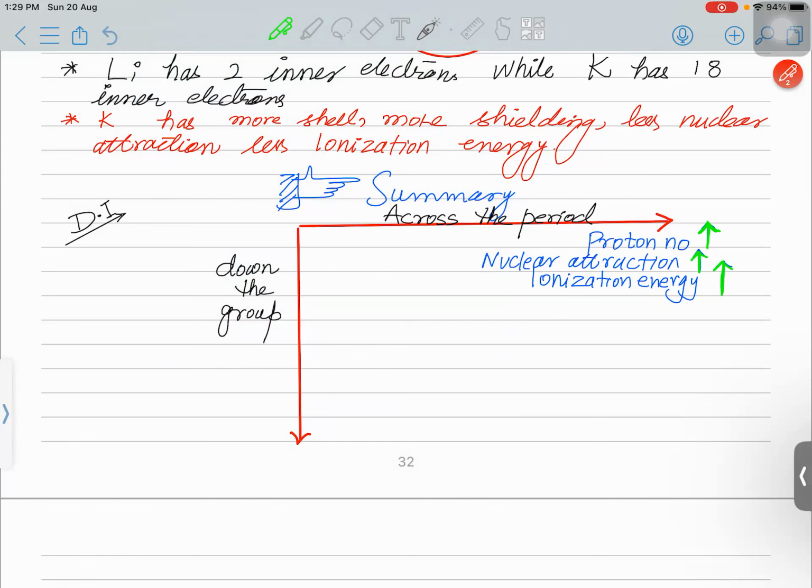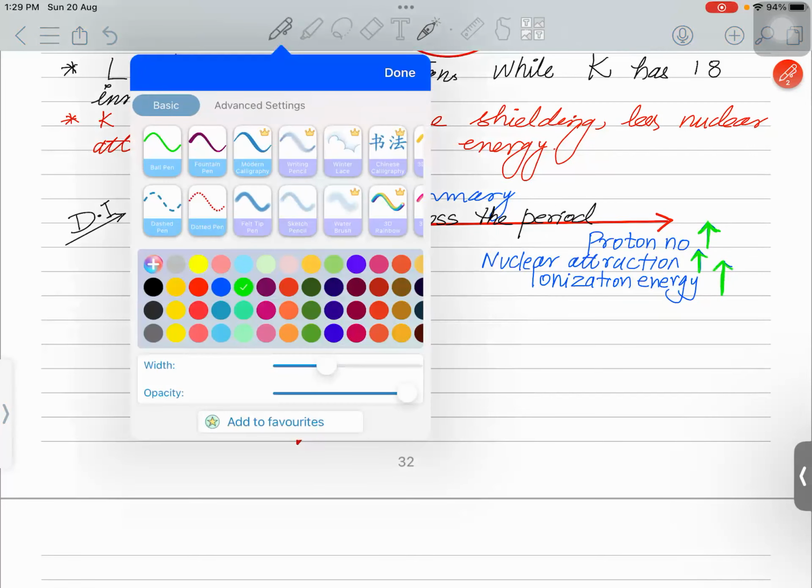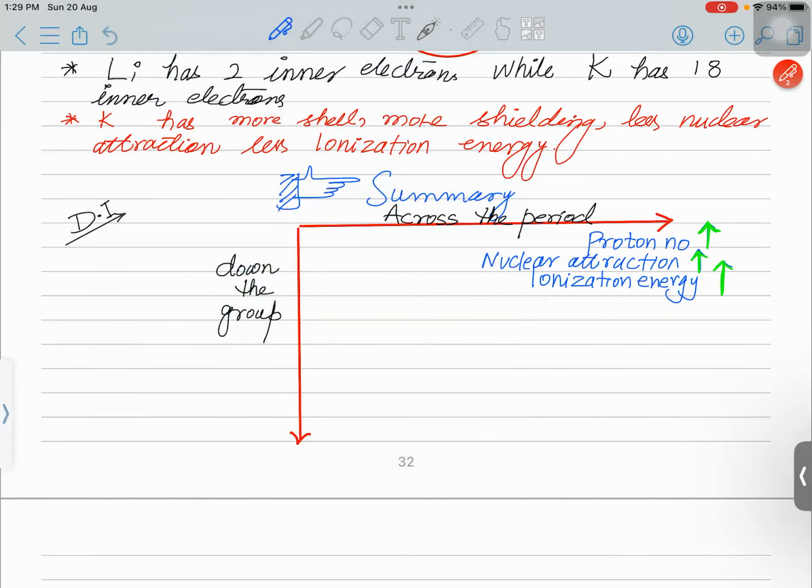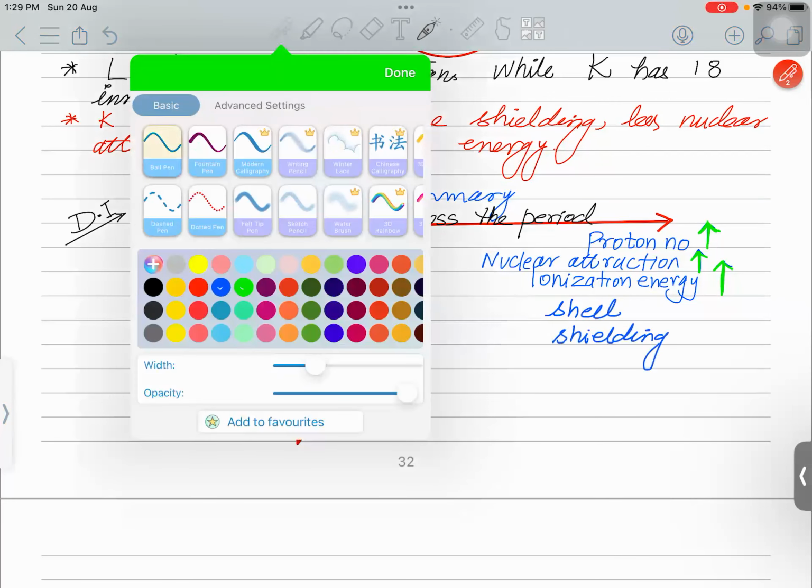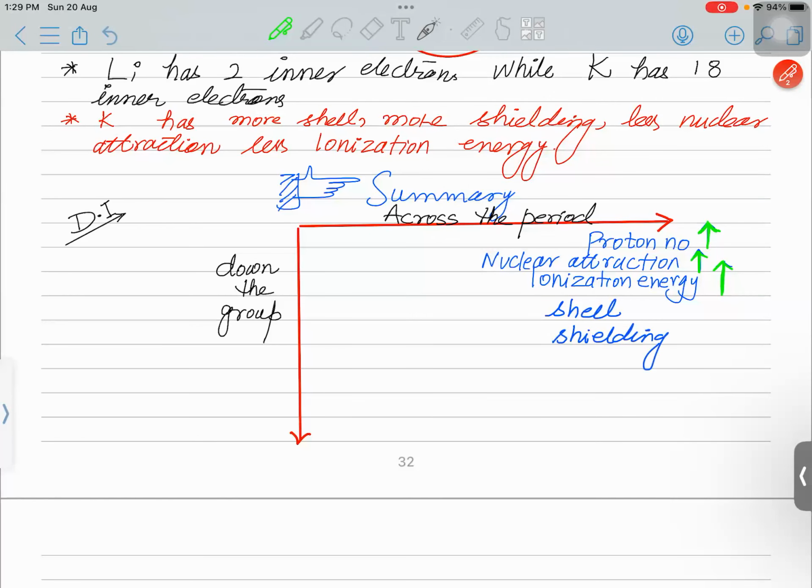Now what about the shielding and shell? Across the period, does the shell increase or decrease?